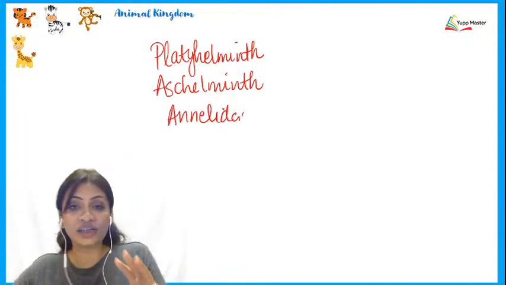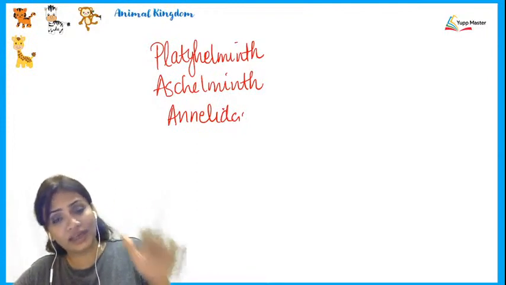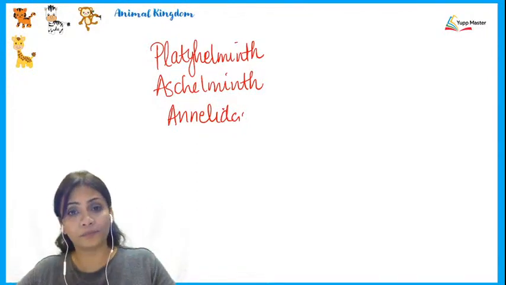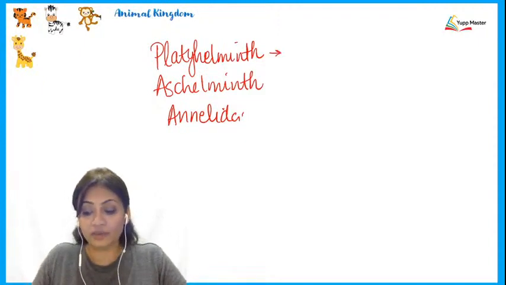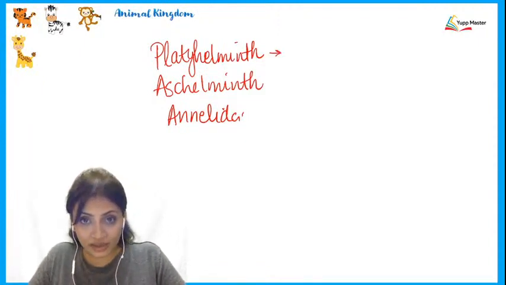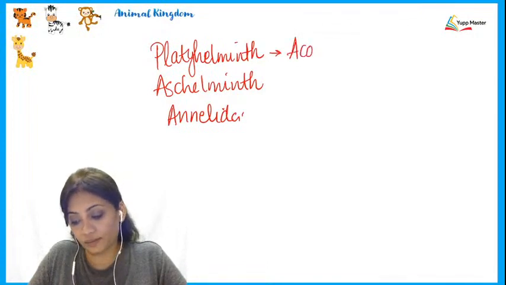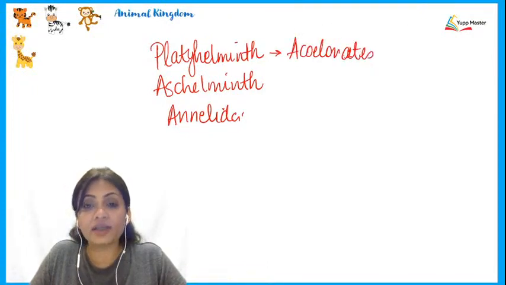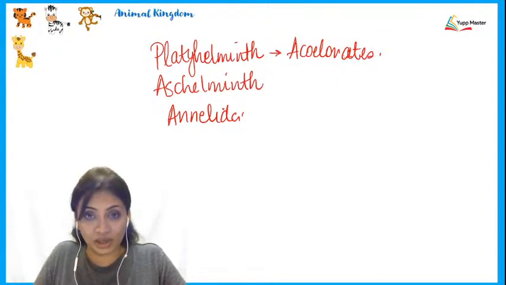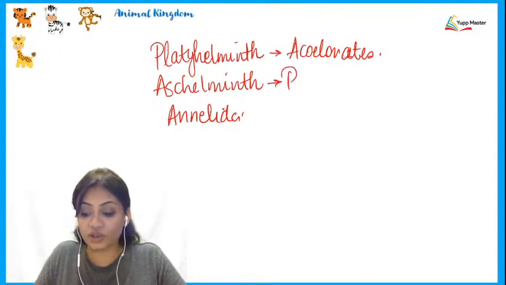It is these three worms where we have the different categorization for coelom. The platyhelminthes belong to the category of acoelomates. Then the aschelminths were the pseudocoelomates.